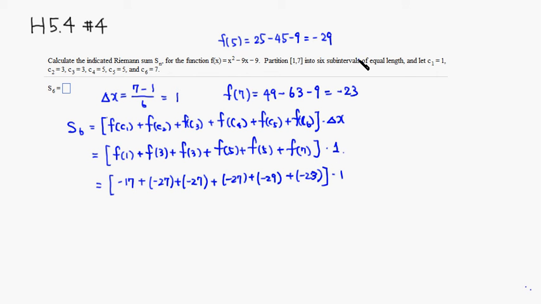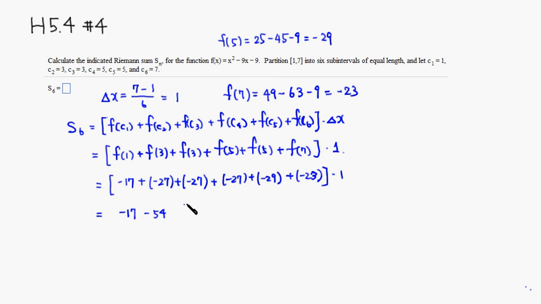So we have a bunch of negative numbers. Let's do it one at a time. Negative 17, minus 54.